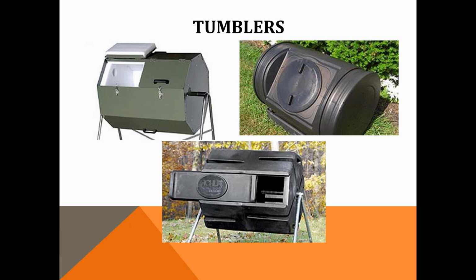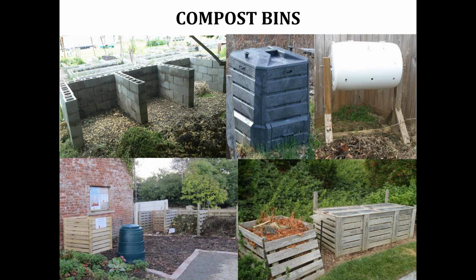They're also lockable, and many of them are insulated. They're vermin resistant or vermin proof, and they're also odor resistant or odor proof. So we will encourage you and work with you on looking at different tumblers. There's a lot out there. And if you use a tumbler, you can either compost thoroughly in the tumbler, or you can make that part of another compost system.